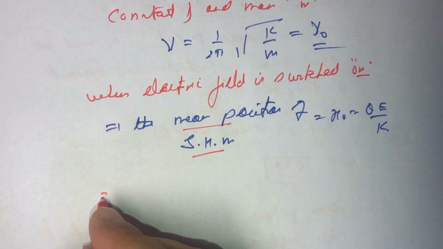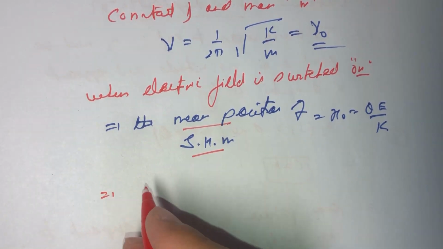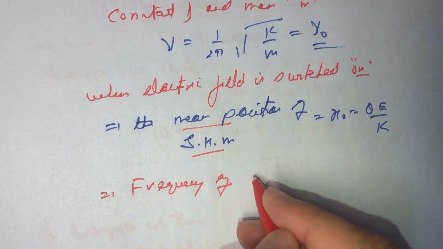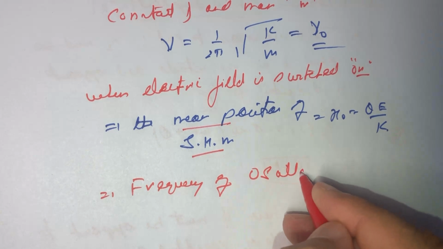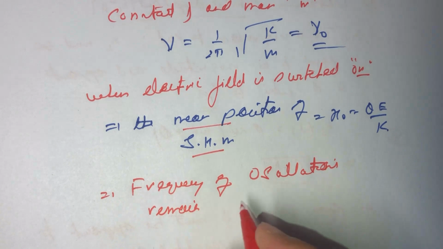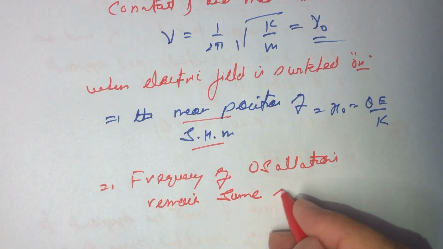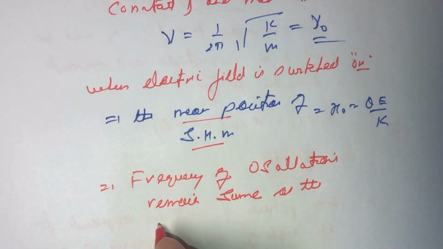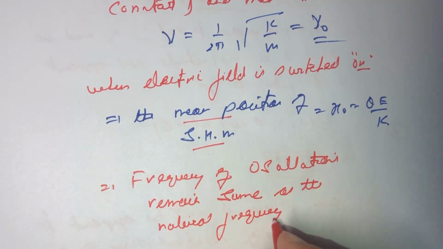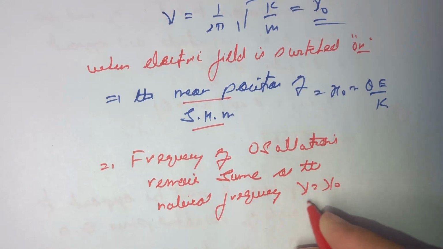And about the frequency, we already said that the frequency of oscillations remains the same as the natural frequency, where nu is equal to nu naught.